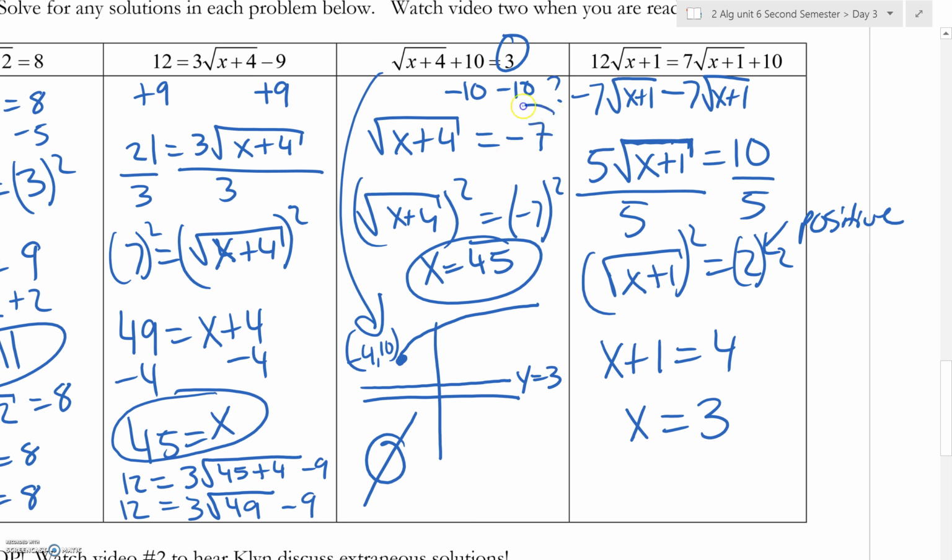So right here, when we had equal to -7 and we were about to square it, that was our clue that we were going to have an extraneous solution. Compared to here, when we were about to square it, and we had a positive to square, we knew we weren't going to have extraneous solutions. Again, we'll do more with this in class tomorrow. Go ahead and try the last task, which is a graphing task.